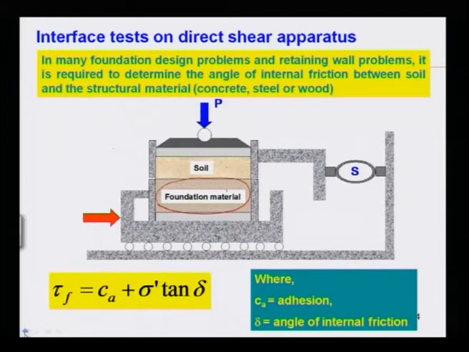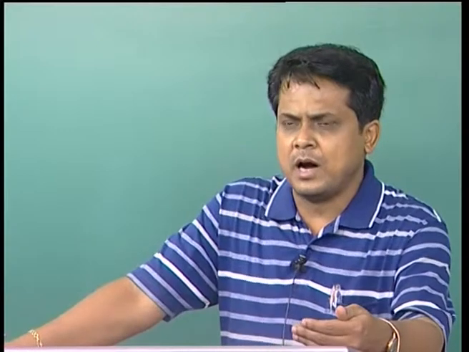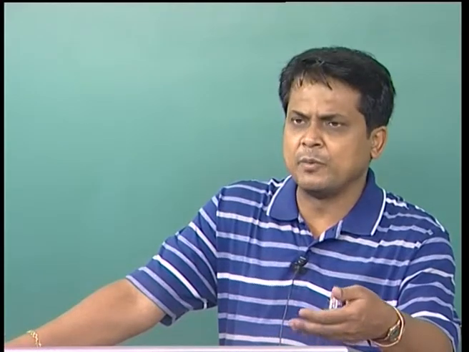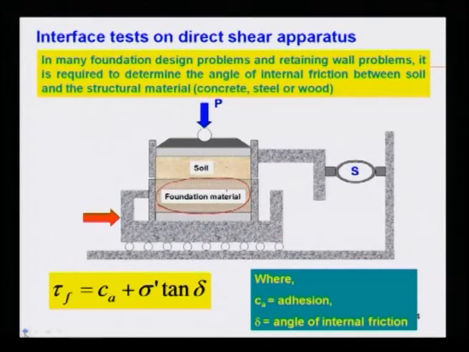This is all about your direct shear test. I have shown you completely the test apparatus, its dimensions, how you are going to do the test in the laboratory, the physics behind it, how the shear stress is generated along the predefined failure surface, how you measure your shear force by means of a proving ring, how you apply your normal stress by means of vertical load, and what your output is, how you get your shear strength parameters from the direct shear test for sand as well as clay.